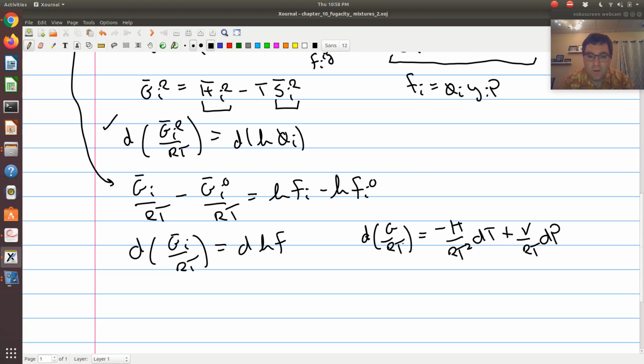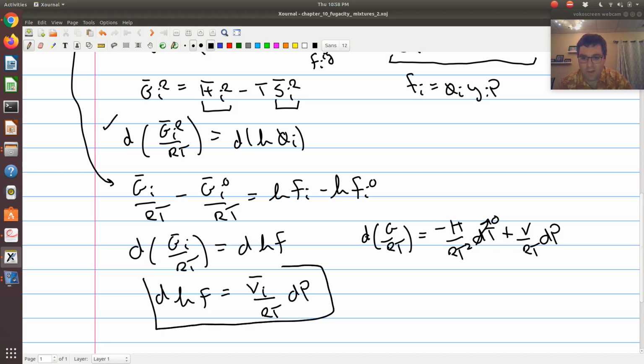So what that would tell me then is for an isothermal process, dT is 0. So the differential of log F would just be, now this is partial molar, so it'd be partial molar V bar i over RT dP.